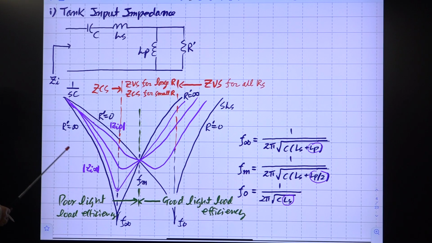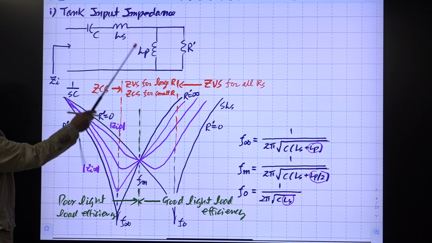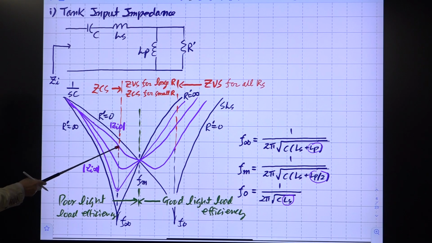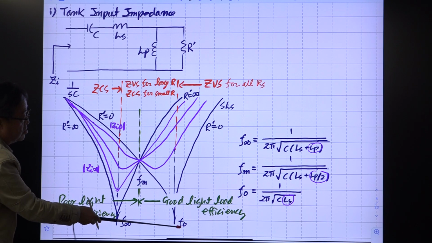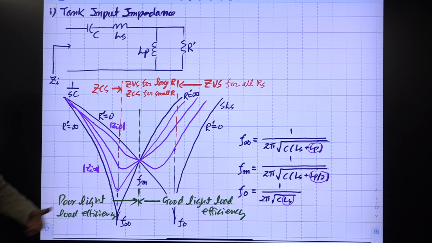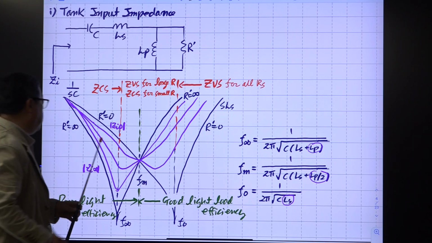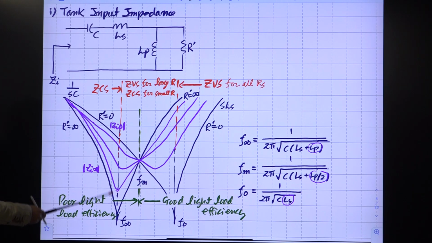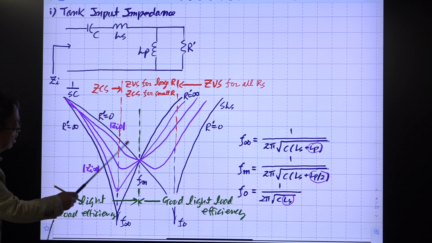And the other one is with this shorted. Then we have resonance between two components, and that resonant frequency F0 is given by this. It comes at higher frequencies because this effective L is reduced. Right? So this is GI infinity, and this is GI0.